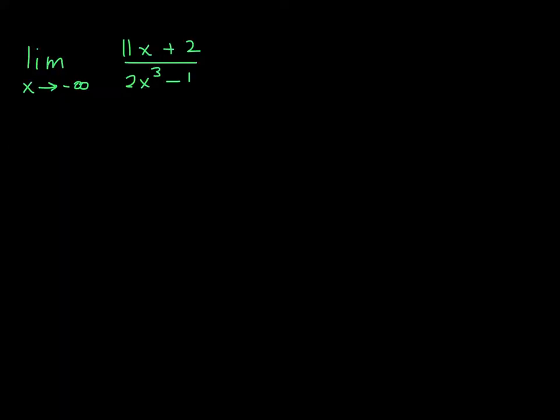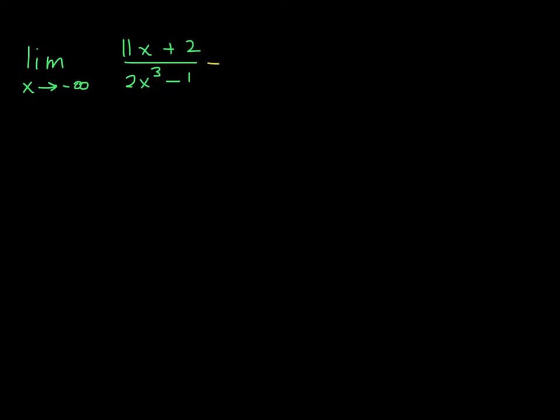Now we are considering the limit as x approaches negative infinity of 11x plus 2 all over 2x cubed minus 1. Now, if we apply our strategy, then that means we're going to divide the numerator and the denominator by x cubed, because x cubed is the largest power of the variable that's in the denominator.